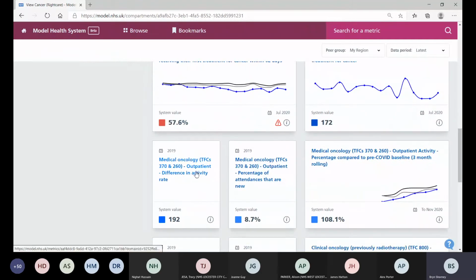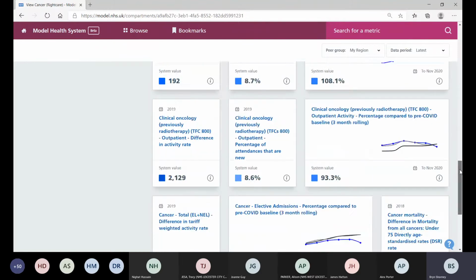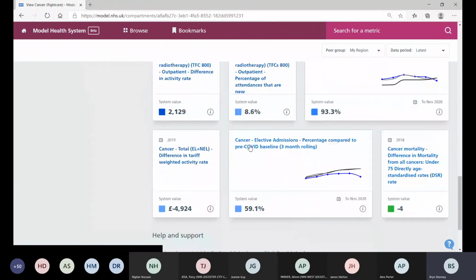Then we've got some of the outpatient attendance, the difference in activity rate and the percentage of attendances that are new. And similarly, we've got that COVID recovery time series for outpatient activity as well, for both medical and clinical oncology. And then we've got the cancer mortality information as well.